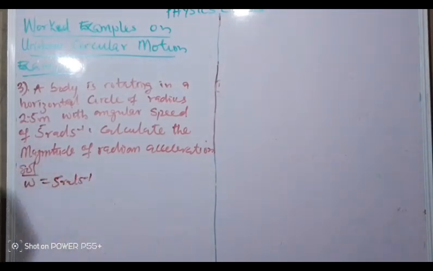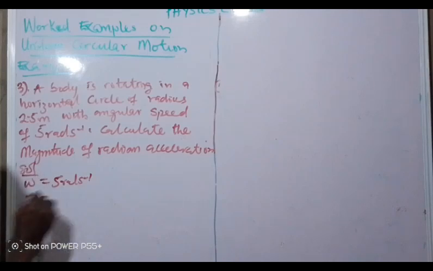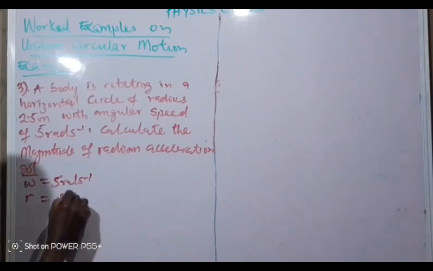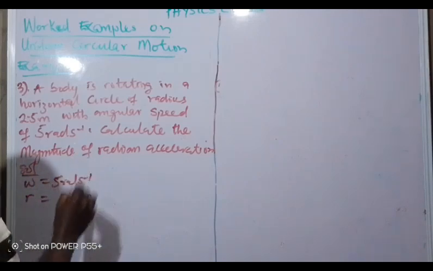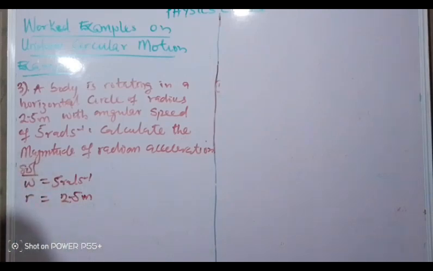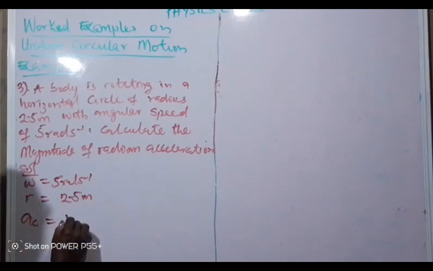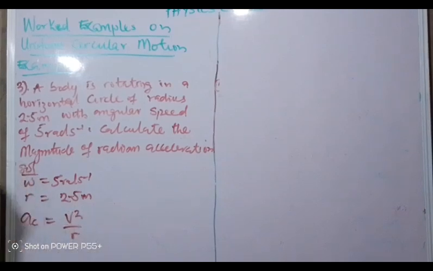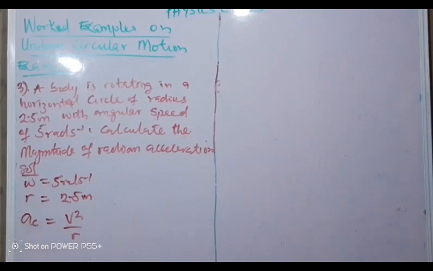Then radius of the circle is 2.5 meter. Now, to calculate the radial acceleration, AC is equal to V square over R. Now, V is not given, but V is equal to omega R.